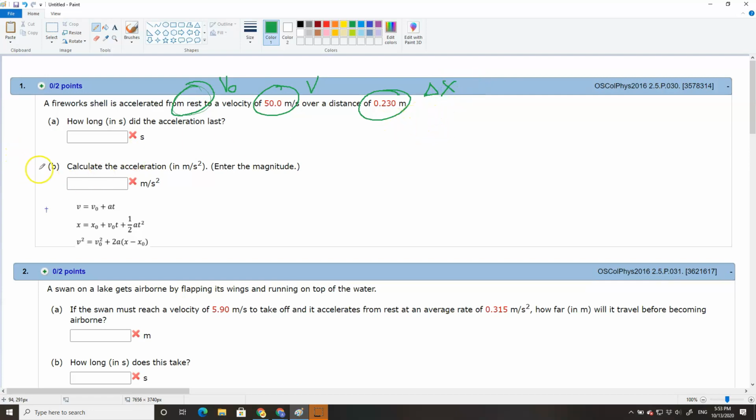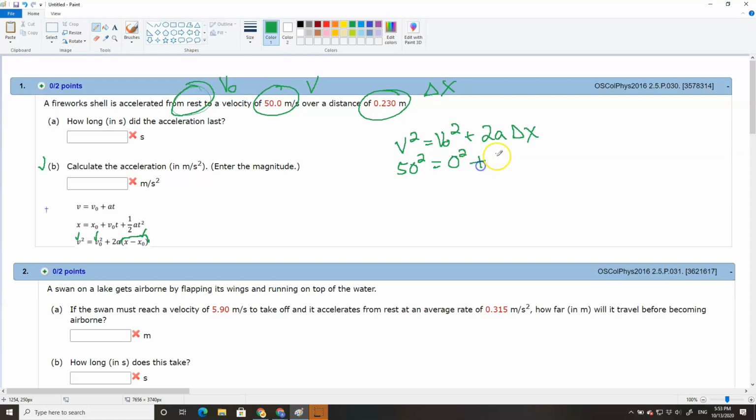It's actually easier to solve part B first before solving part A, so I'm going to go ahead and do that. I have v, v0, and delta x, and solve for a. So v squared is v0 squared plus 2a delta x. V squared is 50 squared.